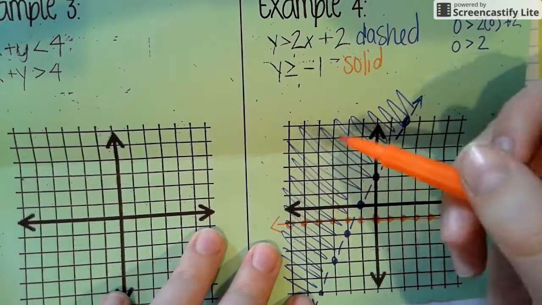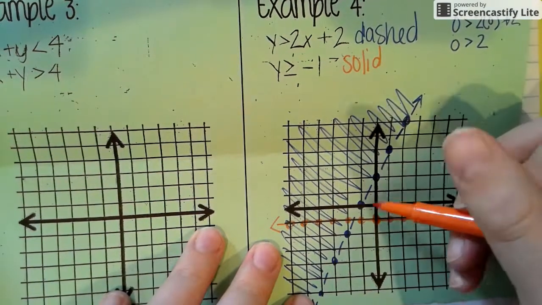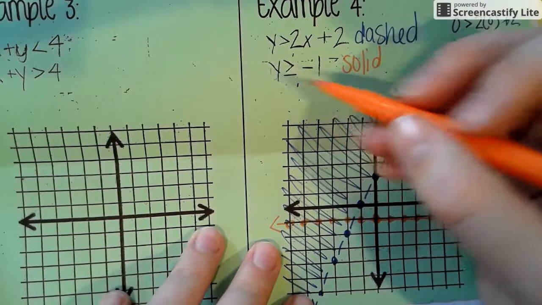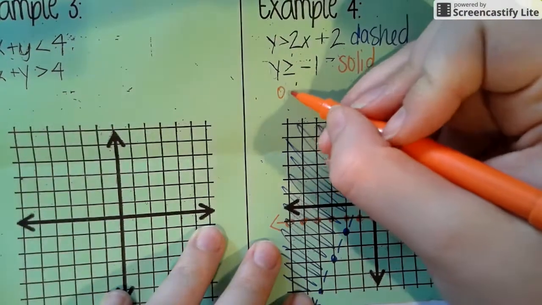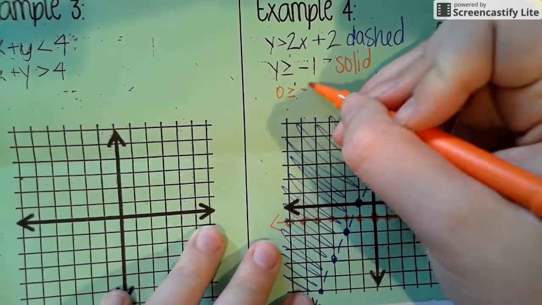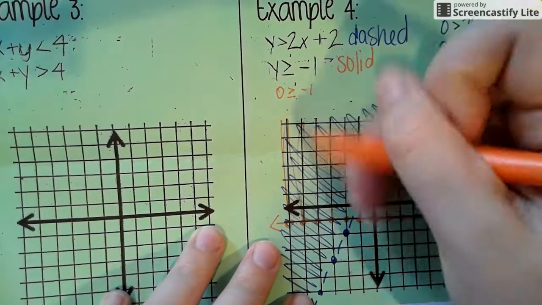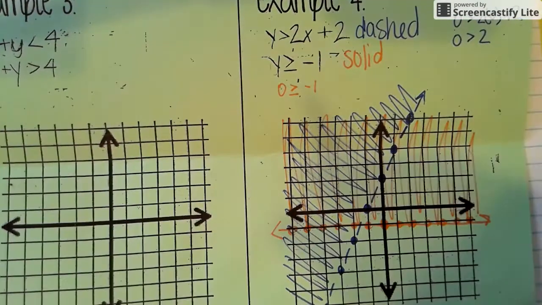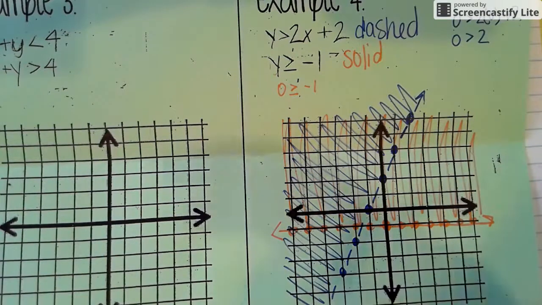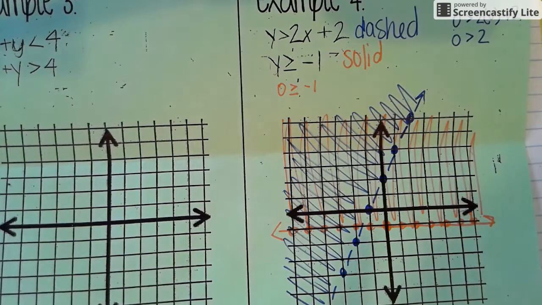And it's greater than, so I want to shade above the line, but I could prove that. So if I put in 0, 0, I only have to use the y coordinate, 0. So 0 is greater than or equal to -1. That's true, so I'm going to shade up. If it's a less than symbol, you would have shaded down, but because it's greater than, you shade up.